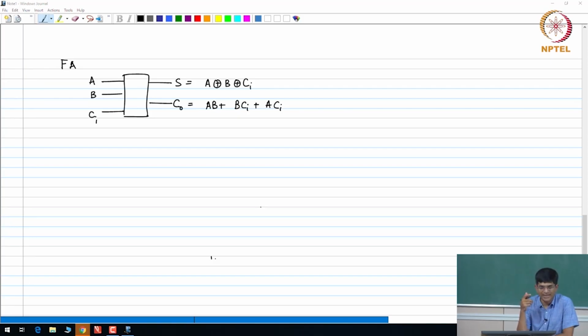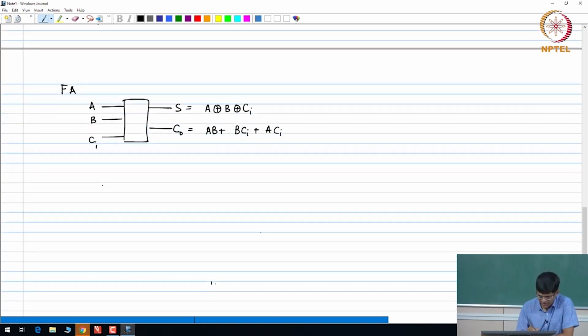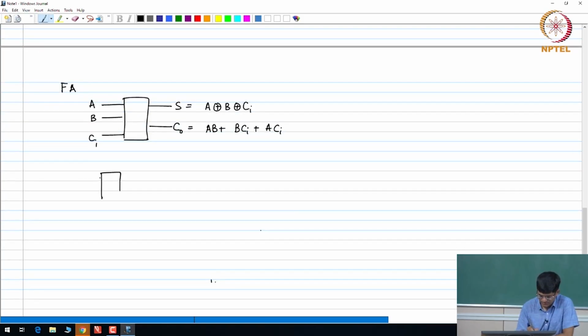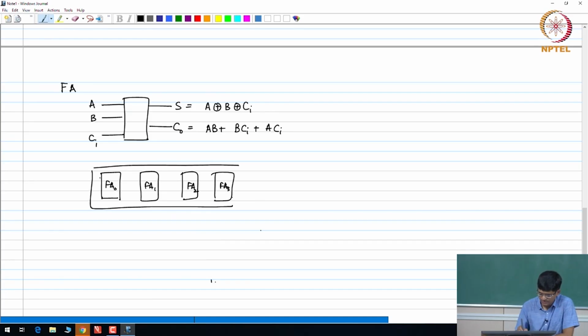I can then cascade a series of full adders together and create a multi-bit adder. Right.